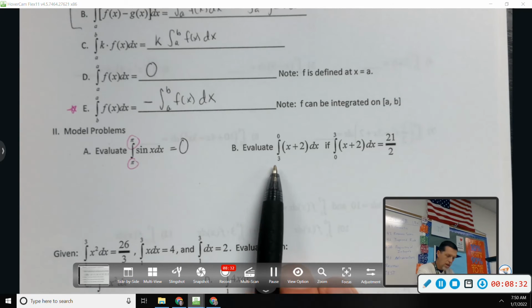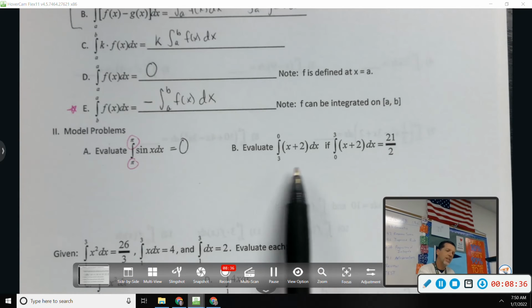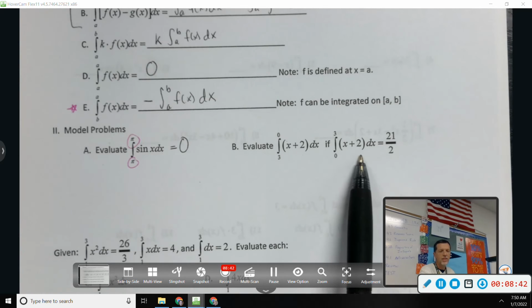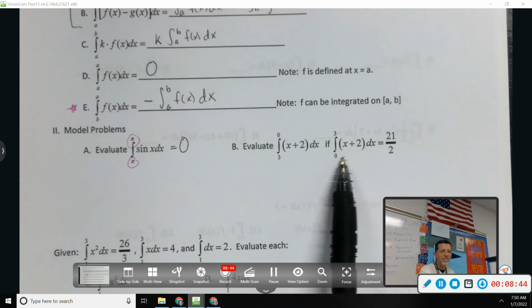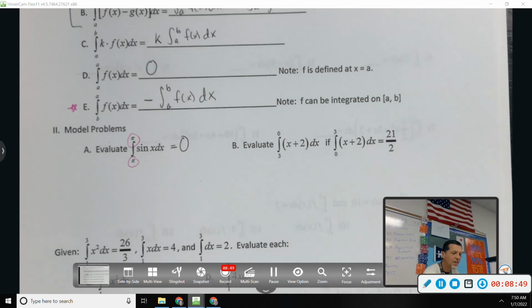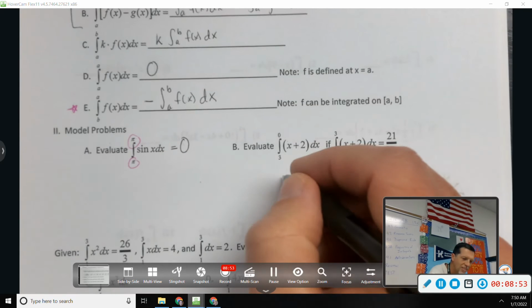All right. B looks bad because my initial thought is, well, those are out of order, and x plus 2, that's going to make like a trapezoid, but they gave us from 0 to 3, it's 21 halves. So from 3 to 0, negative 21 halves.